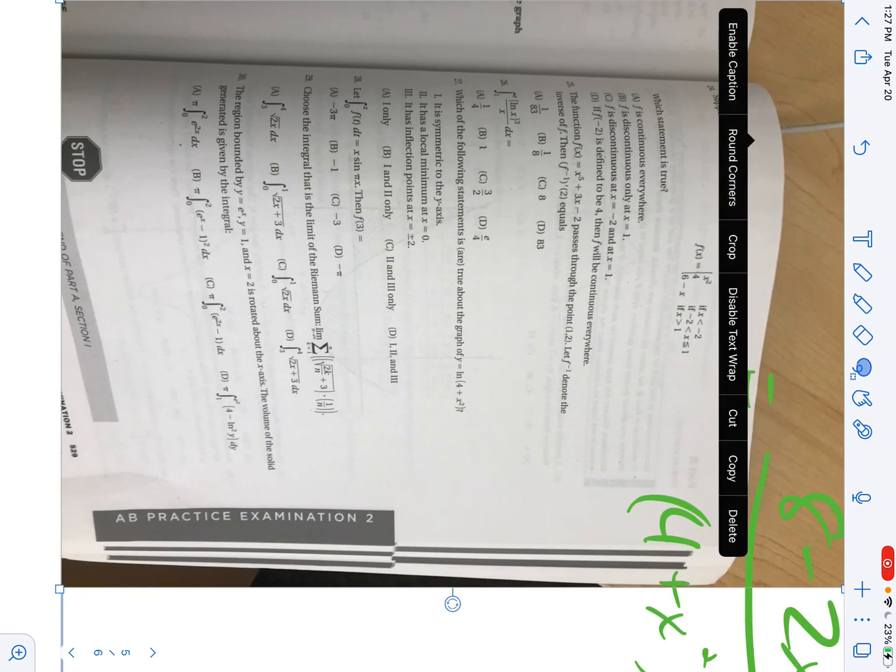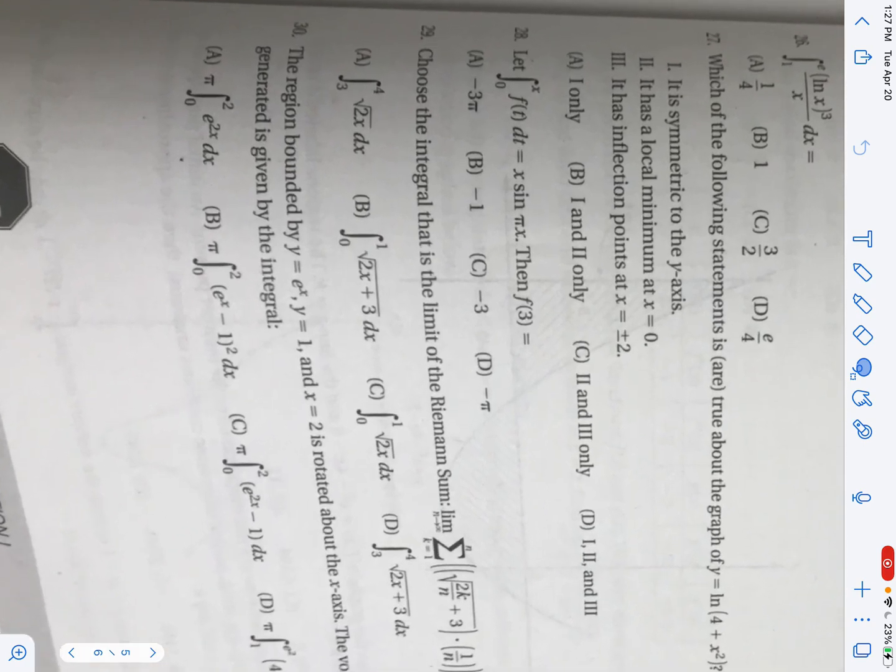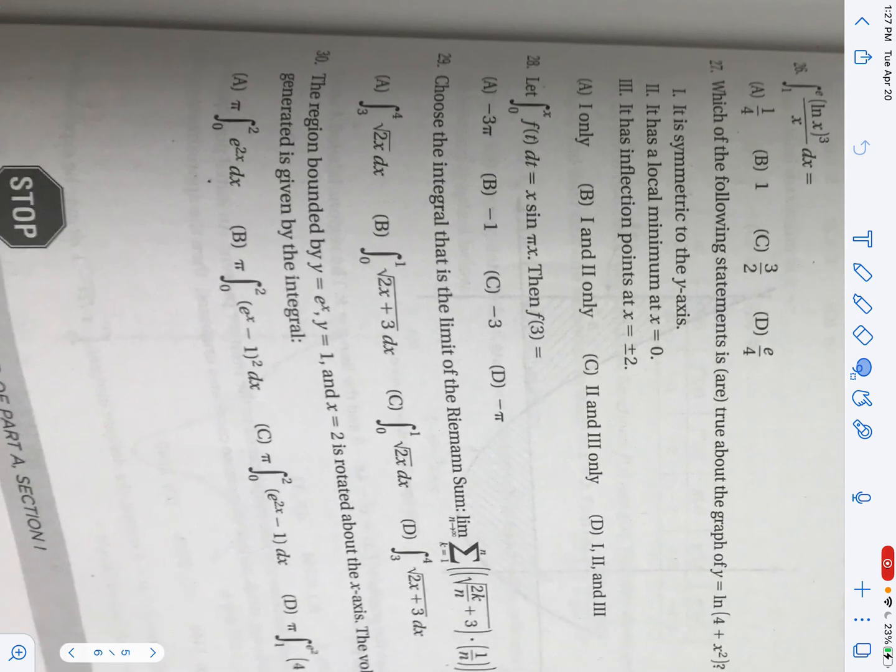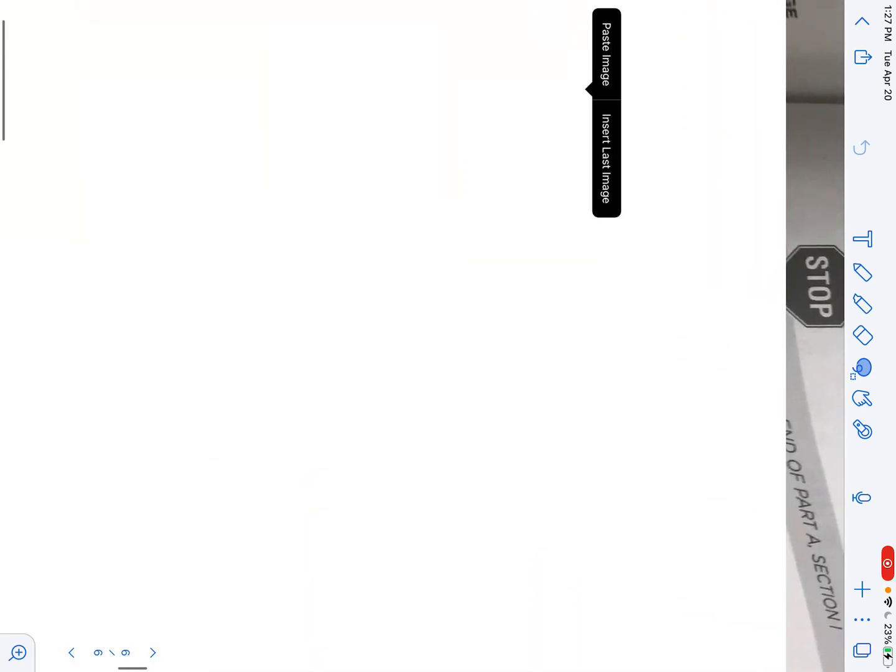This problem kind of, oh, that's not what I want to do. I just wanted to copy the one thing. So can I just copy this picture? No, not insert last image. Undo, undo. Now I see what happened.